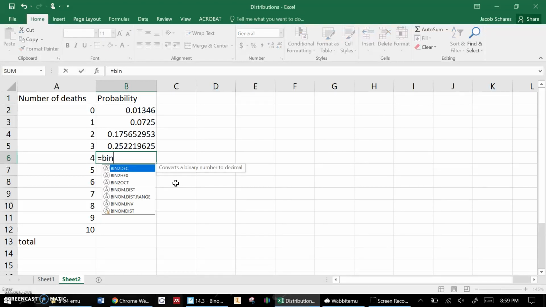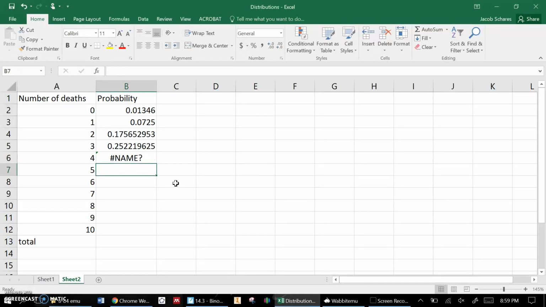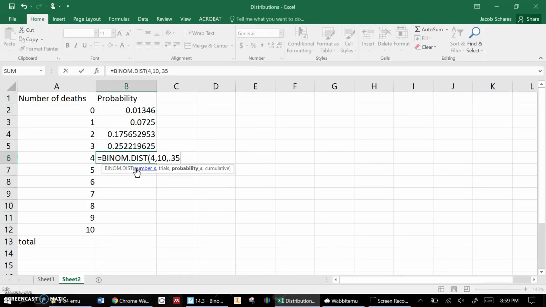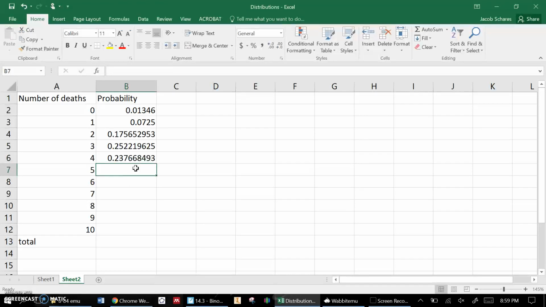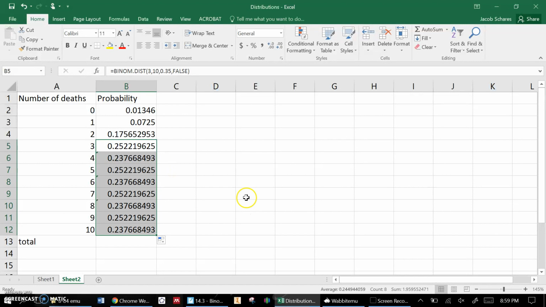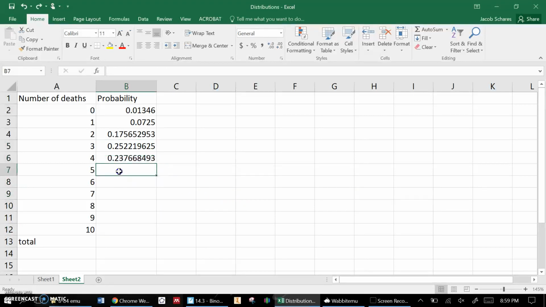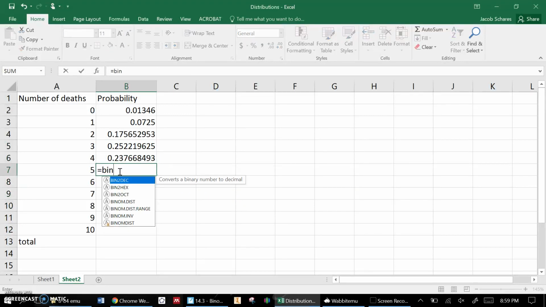And we just keep doing that. Binomial distribution, oops. I double click on it. This time we want 4 out of 10, 0.35, and false. And it'll calculate that, 0.23. Best part about Excel is I don't even need to keep typing these. I can just highlight the box, drag it all the way down, and it's not going to work for me, is it? We'll just keep typing those in then.